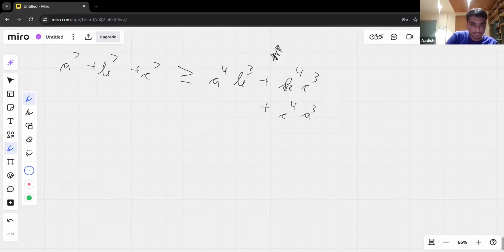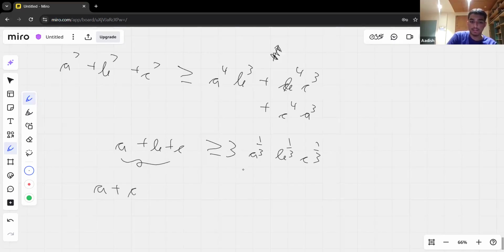When you directly use AM-GM, you get 3 times a to the 1 by 3, b to the 1 by 3, c to the 1 by 3. But you don't have to use AM-GM on different numbers. You can also use AM-GM like this: 2a plus b is greater than or equal to 3 times a to the 2 by 3, b to the 1 by 3.